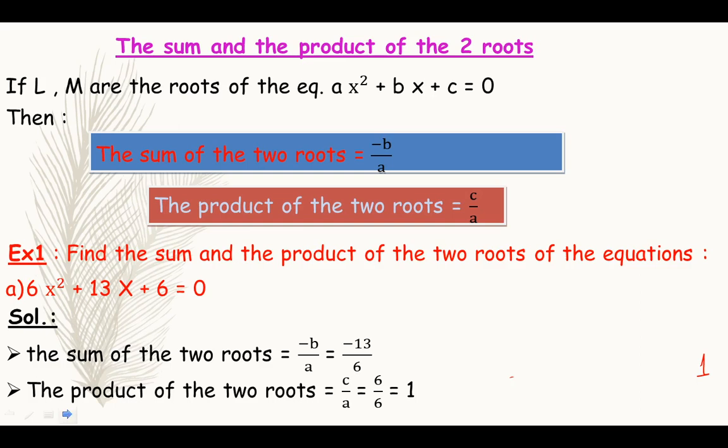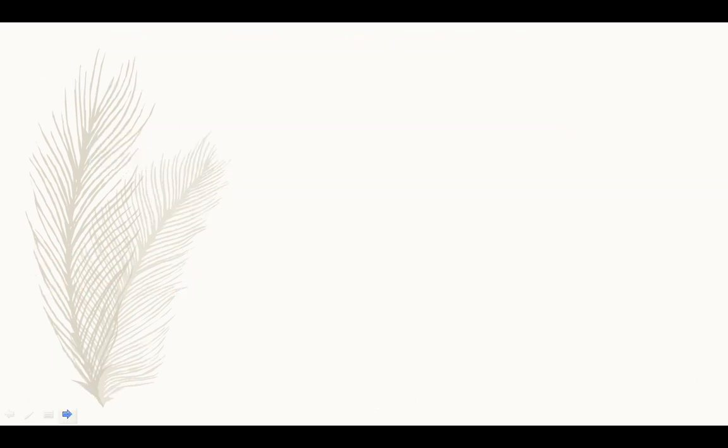Okay? Let me explain it to you by this example. If we have a quadratic equation x power of 2 plus 4x plus 3 equals 0, and we want to find the two roots of the quadratic equation, we are going to factorize. So it will be x and x equals 0.